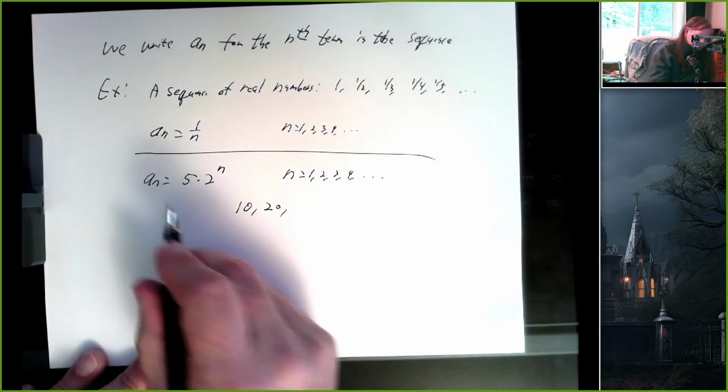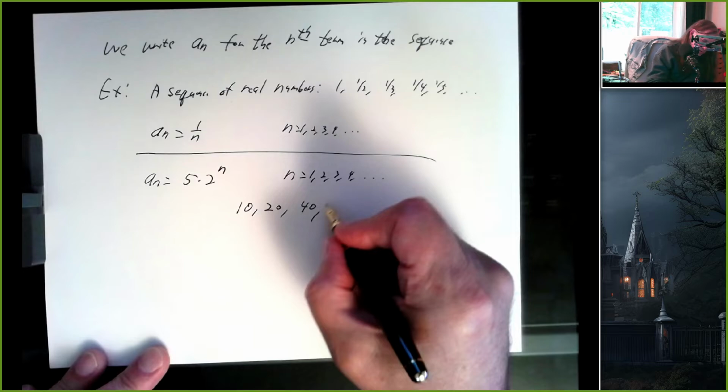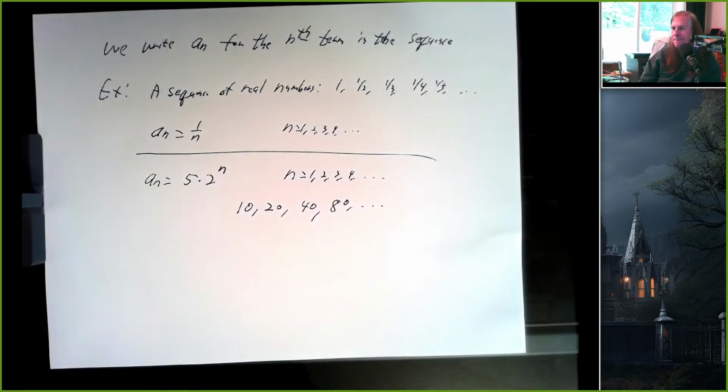If n is 3, 5 times 2 cubed would be 40. 5 times 2 to the fourth, and so on. So we can define a lot of different sequences.